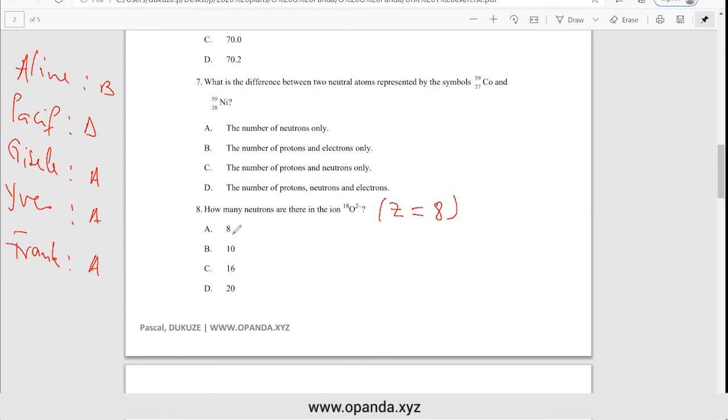A says we have 8 neutrons. No. So Eve says it was a mistake. The answer is B.